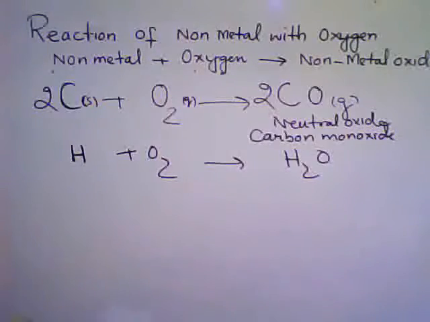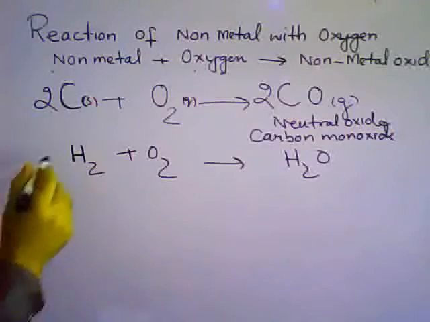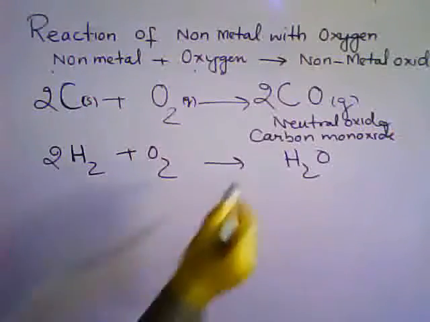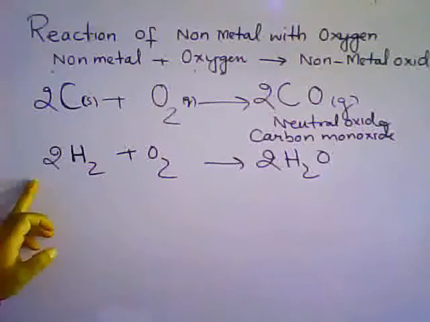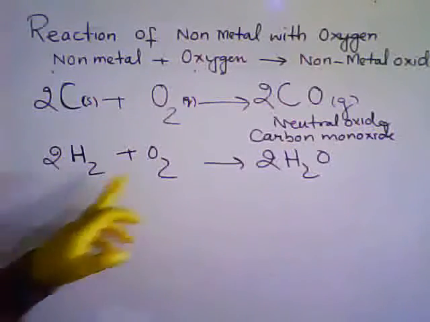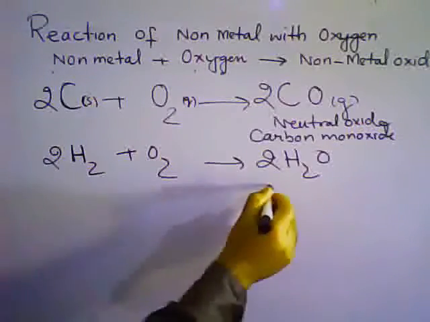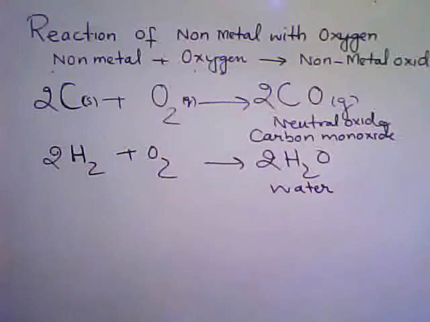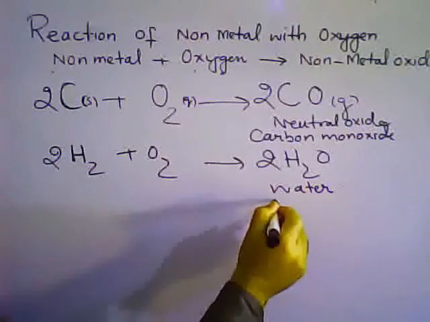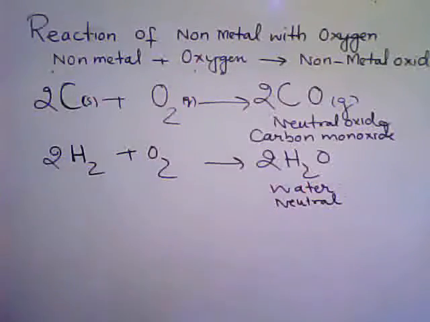We have to balance this. 2 molecules of hydrogen react with a molecule of oxygen to form 2 molecules of water. So this oxide of hydrogen is a neutral oxide, a non-metallic oxide.